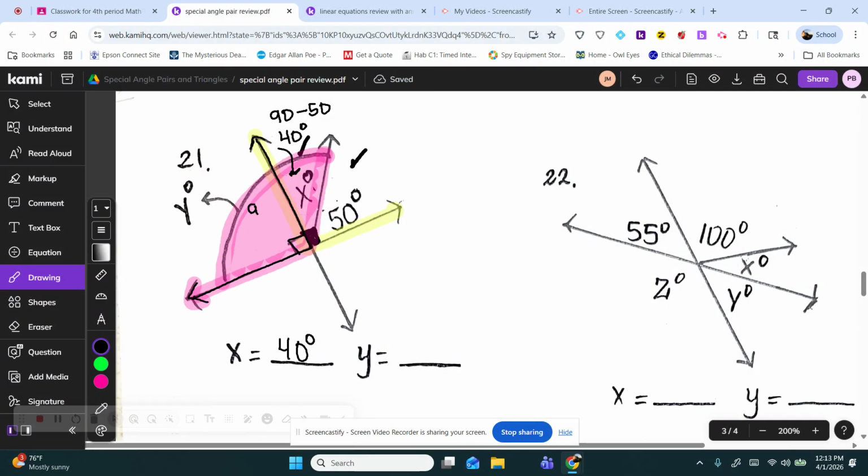So this must be 90 degrees. If I take 40 degrees and add it to 90 degrees, it will give me the value of Y. So the value of Y is 130 degrees.